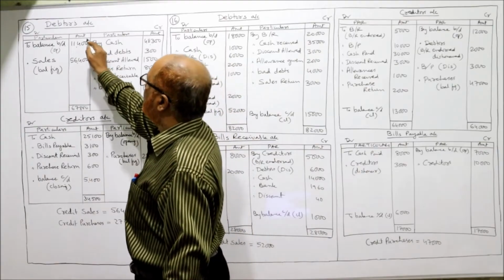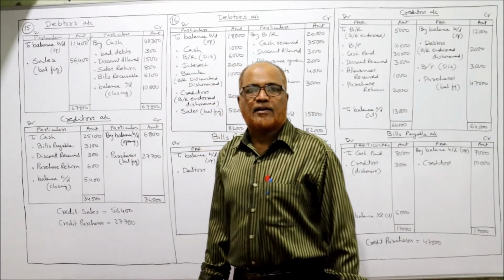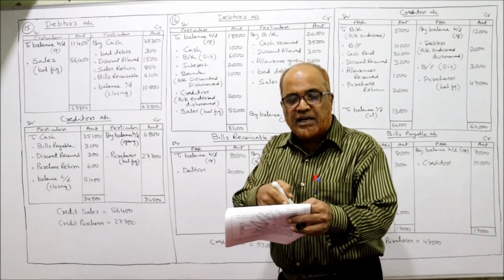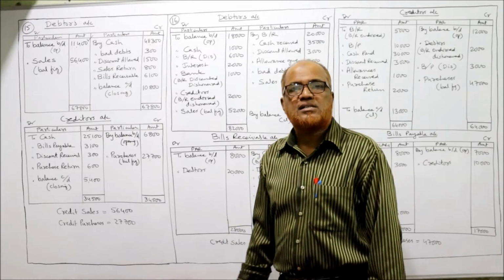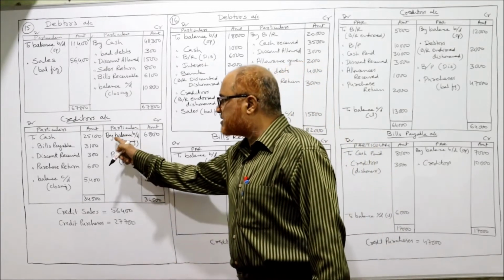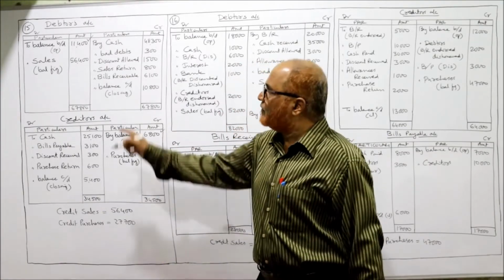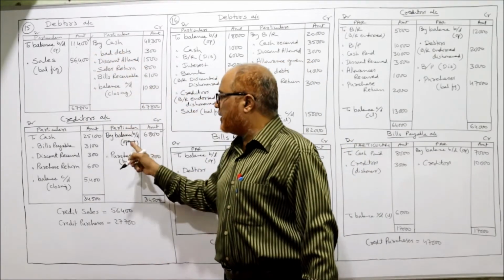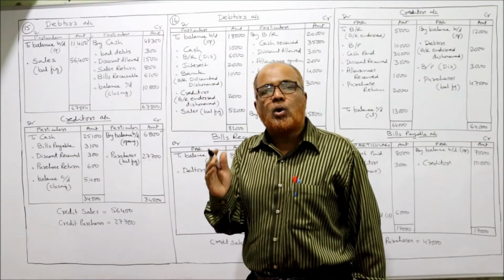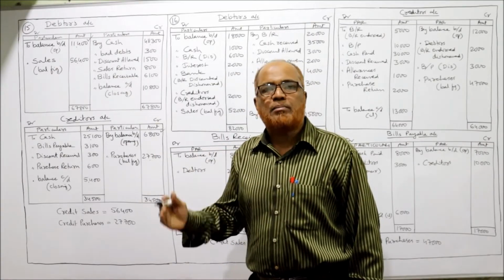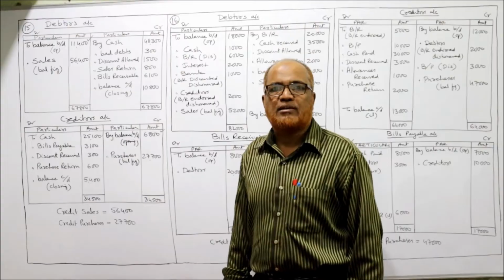So I have taken here 11,400, opening debtors. Similarly, opening creditors are 6,800. So on the credit side, by balance brought down, opening 6,800. We have taken the opening balance of debtors and the opening balance of creditors. Now the closing balance of debtors and closing balance of creditors go on the opposite side.